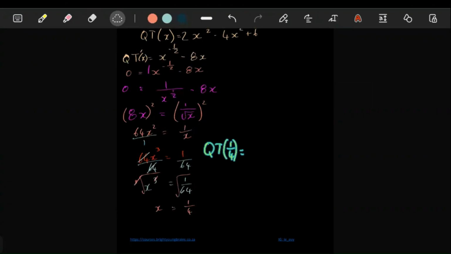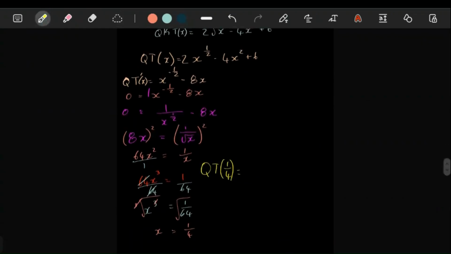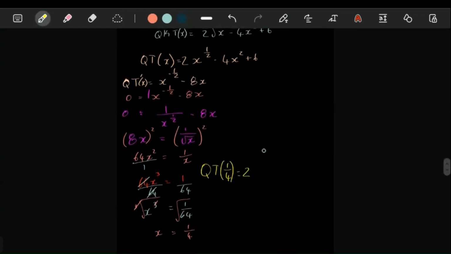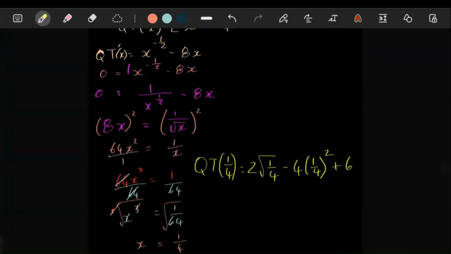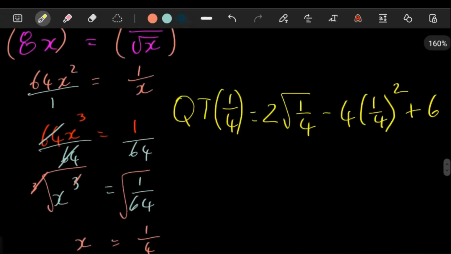So let's see. QT here is going to be equal to 2 square root of a quarter minus 4 times a quarter squared plus 6. Now this, just put it all in your calculator. Don't even bother with trying to be fancy.